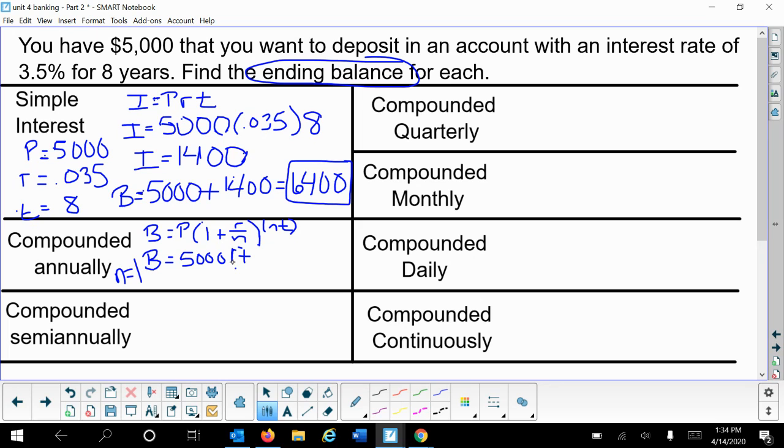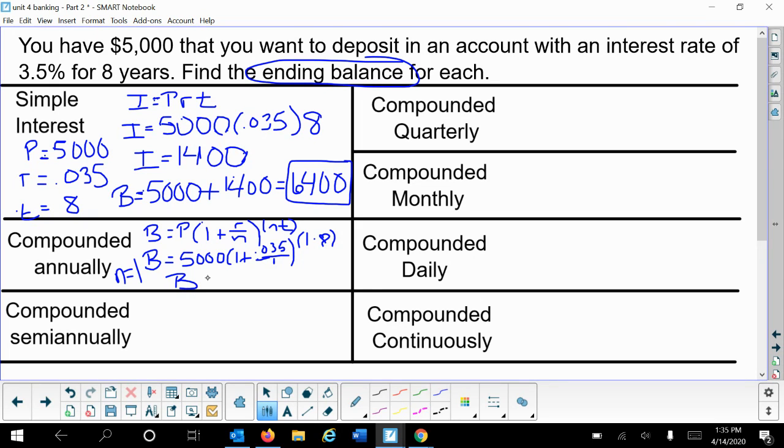I apologize, this handwriting is not working for me today. 5,000 parentheses 1 plus 0.035 over 1 for our n. And then in the exponent, 1 is n, times 8 years.